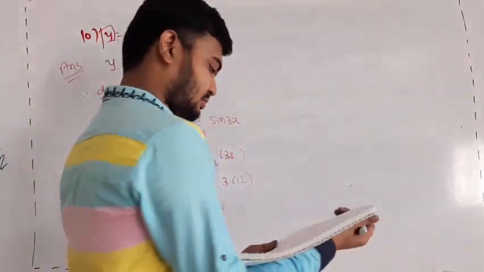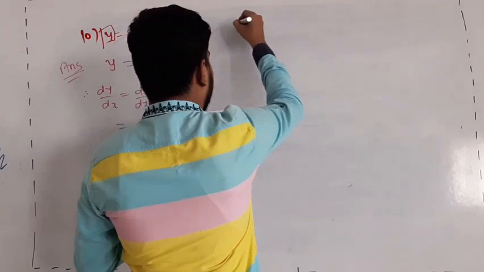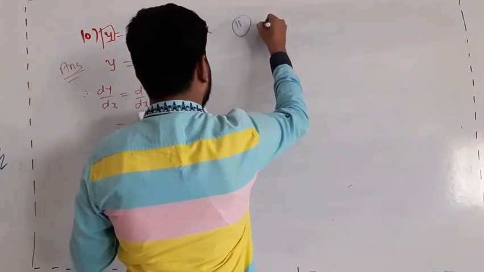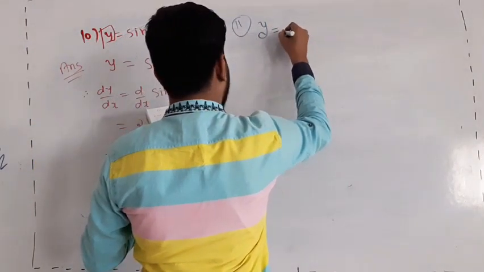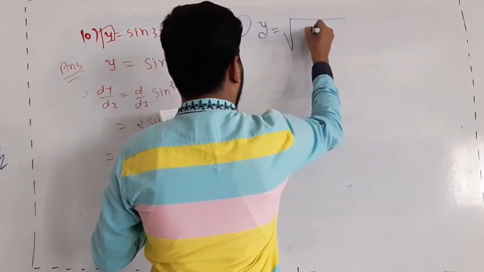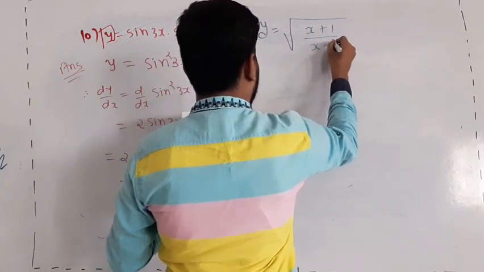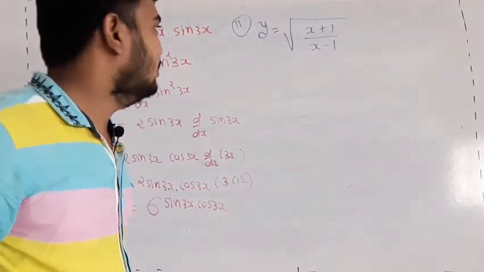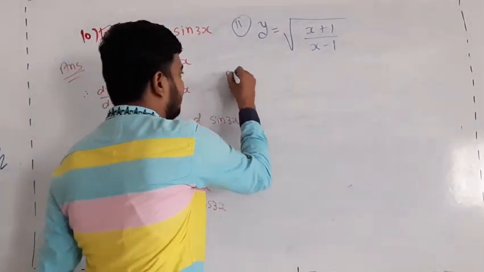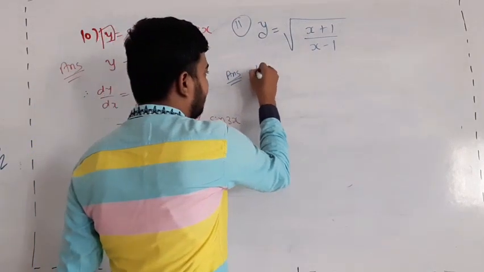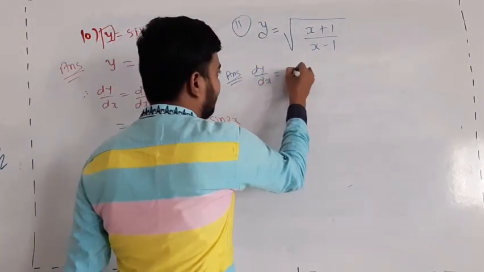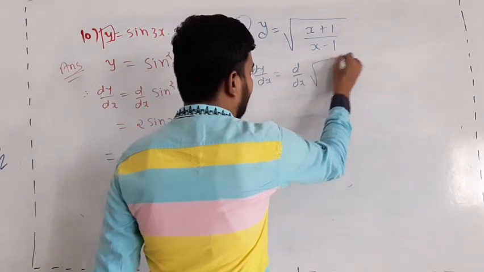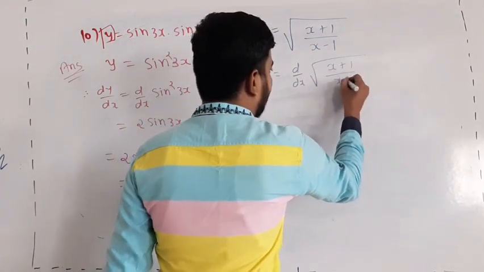Now the next question, the 11th: y is equal to under root of x plus 1 upon x minus 1. So dy by dx is equal to d by dx of root of x plus 1 upon x minus 1.